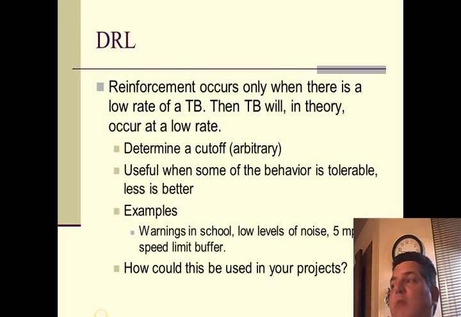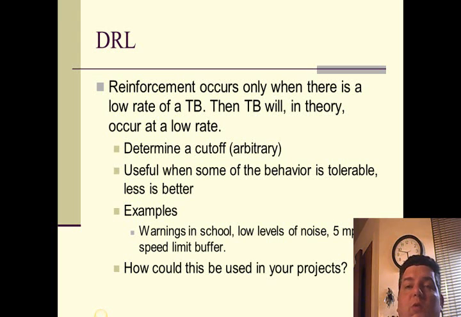What you have to do to make this effective is determine a cutoff. It's arbitrary. It has to be something that's decided upon. This can be useful when some of the behavior is tolerable, but less is better. And some other examples are warnings in school, where someone may have constant conduct or tardy issues, low levels of noise, like I said about the children in the room, and 5 miles per hour as a speed limit buffer.